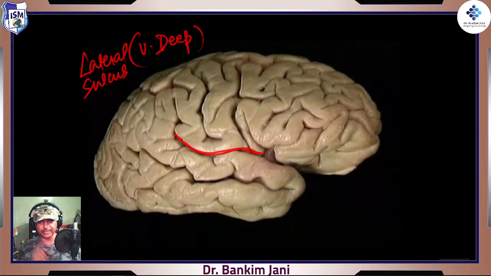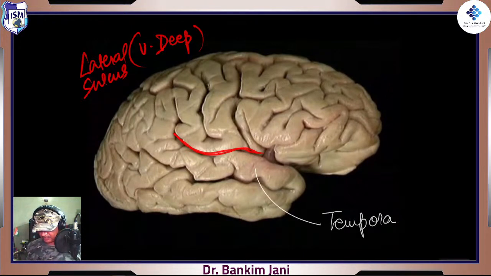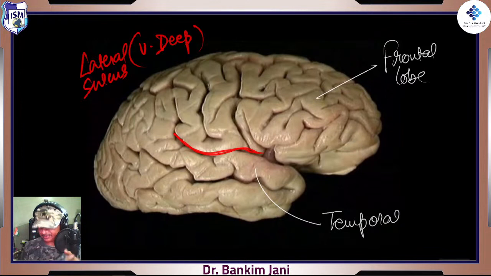Actually, it is very deep. But the importance of this sulcus is that it divides the temporal lobe from the frontal lobe, right? We need to understand one more sulcus, which is coming up, but that's how we get the clear demarcation that this is temporal, this is frontal.